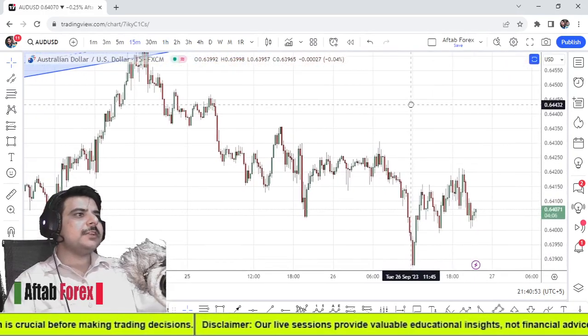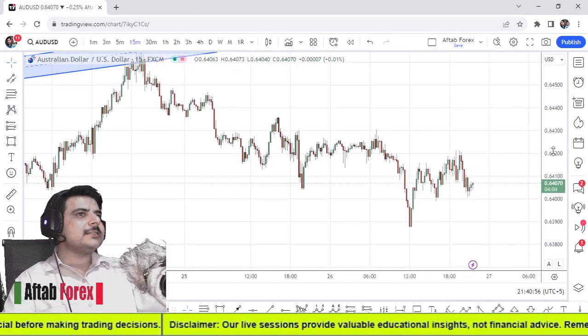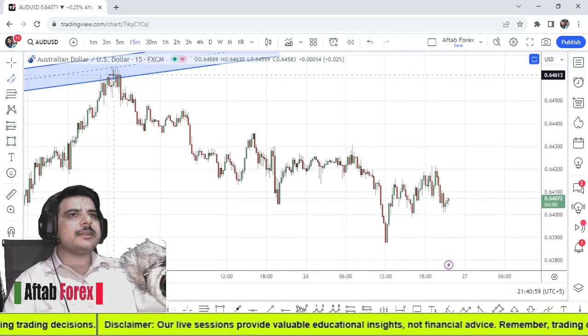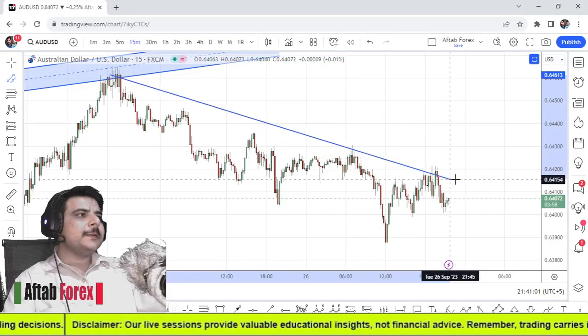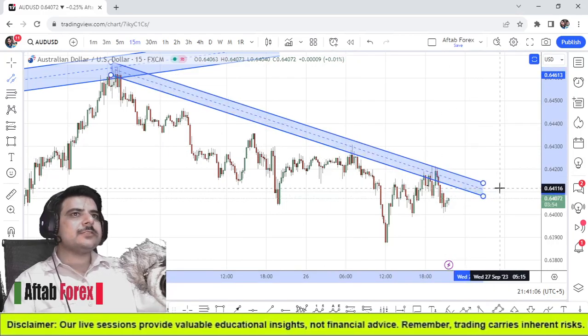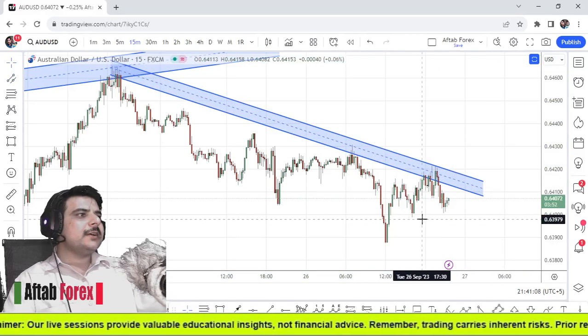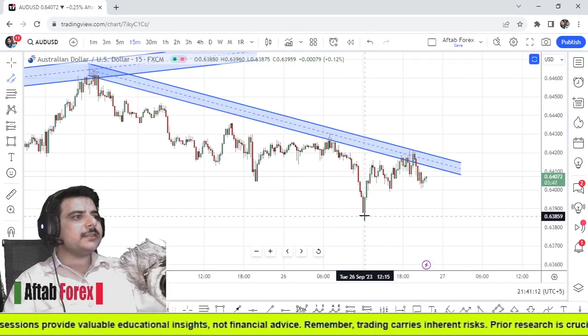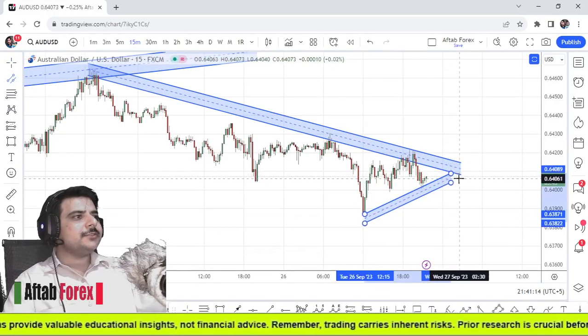So on the M15 we have a very nice downward trend right here, and this trend line I want to mark. This whole area is going to be the trend with us on the M15, followed by this tiny trend line as well.